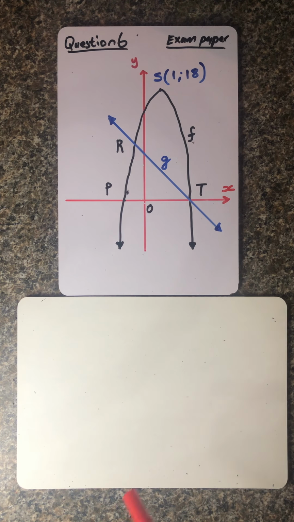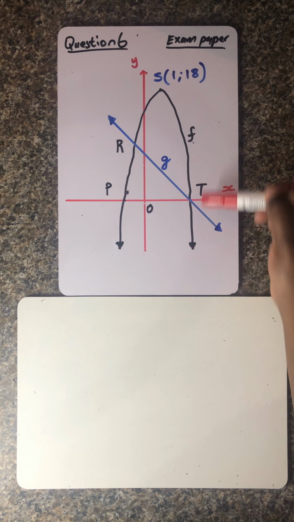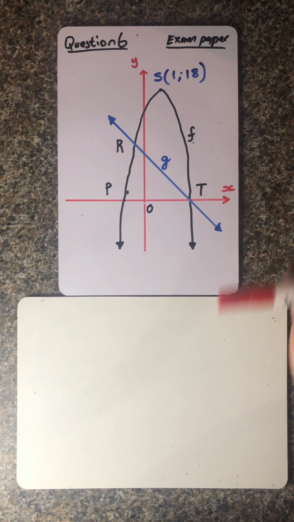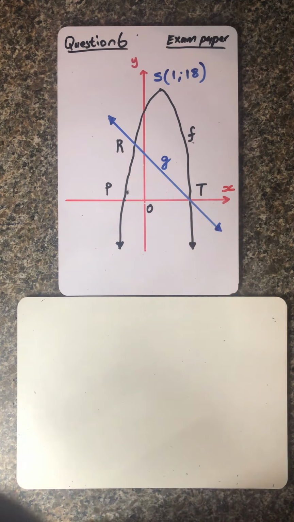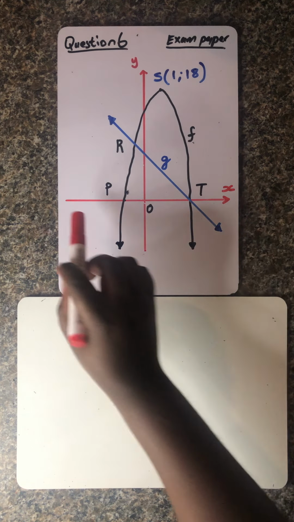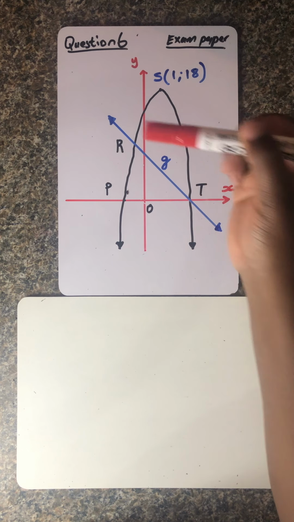Very, very much important. Please do try to understand what I'm trying to say. This graph touches the x-axis at point T and again at point P. This straight line graph touches the x-axis at T and again at that point.